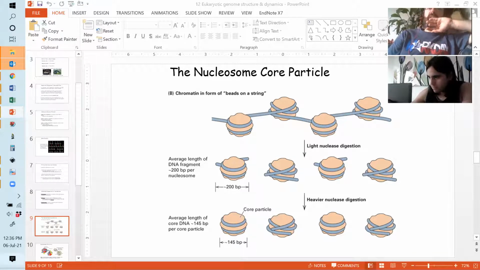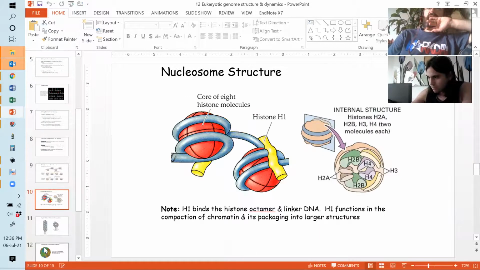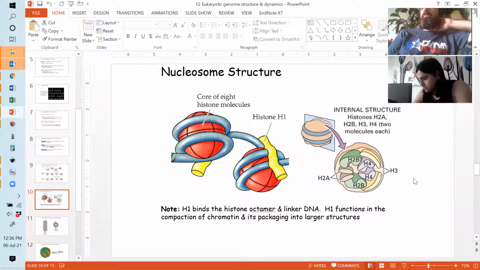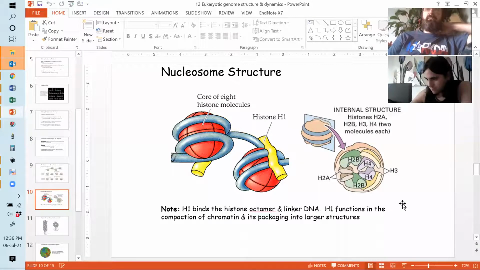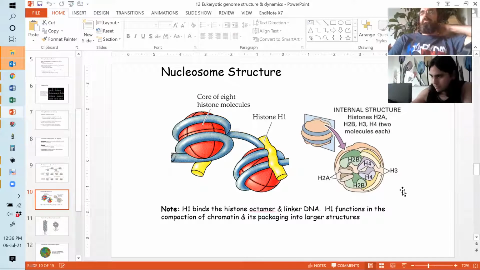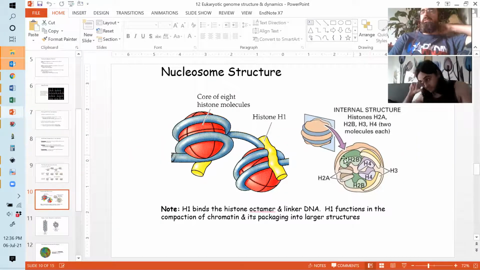And so this is kind of what it looks like when you blow it up even further. So we have 4 pairs, H2A, H2B, H3, and H4. A total of 8. And we have about 145 base pairs wrapped around those 8 histone proteins.